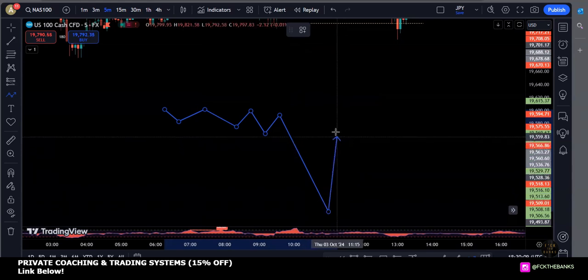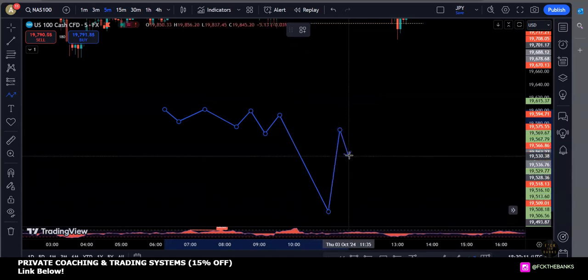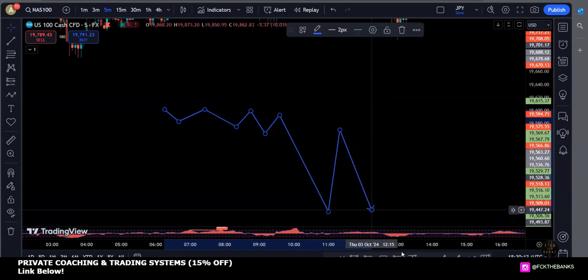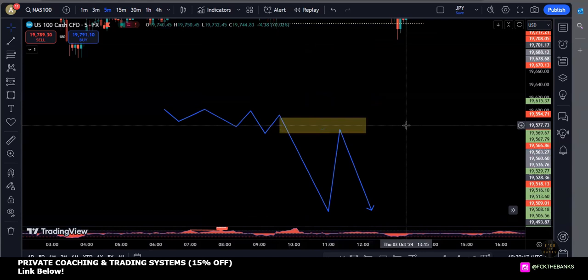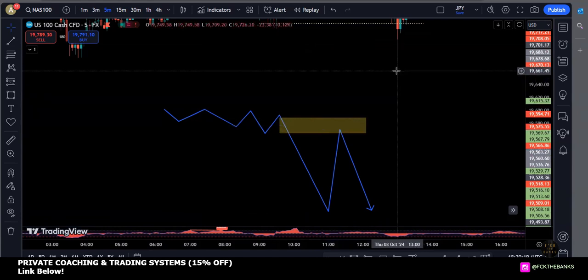Whenever price comes back into that spot, it's going to react. As the name says, it's a zone, but usually it's going to be a candlestick.